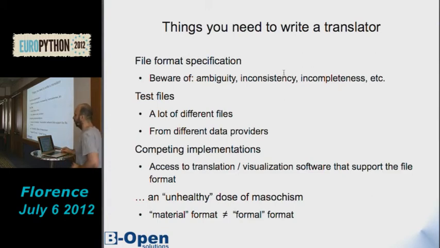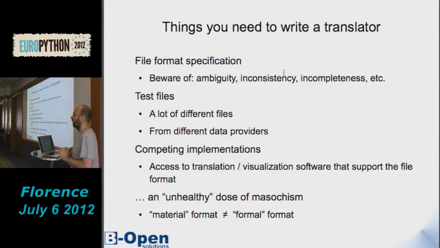You need the format specification and a lot of test data files, possibly coming from different data providers. This is because you must be aware that data providers may not implement the specification as it is written, or maybe the specification is ambiguous or incomplete. This happens.